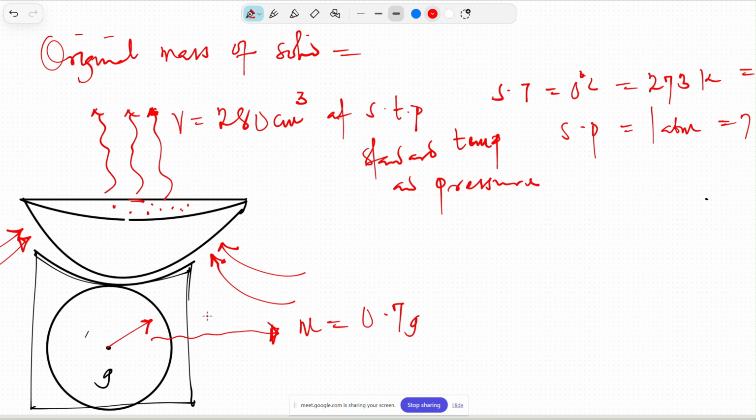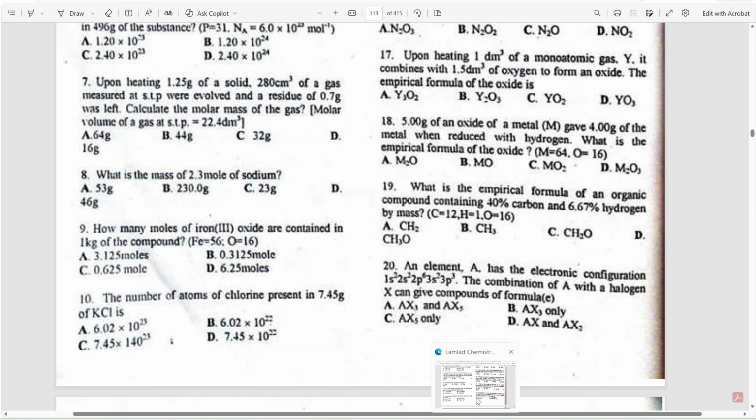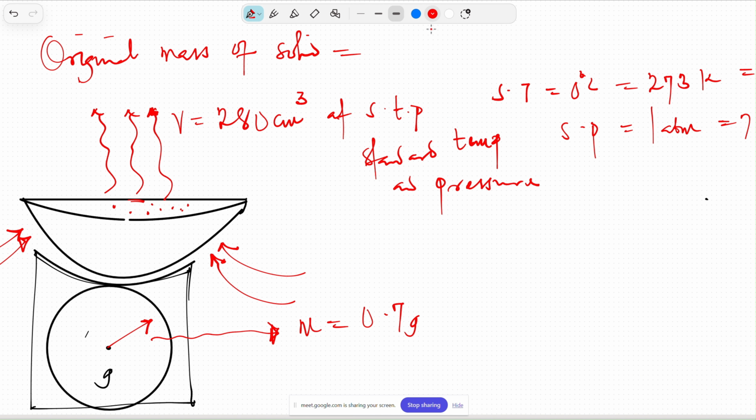That was given to be, what's that value again? 1.25 grams. So this is an analysis. 1.25 grams is the original mass of the solid.